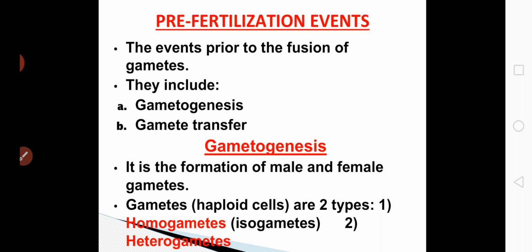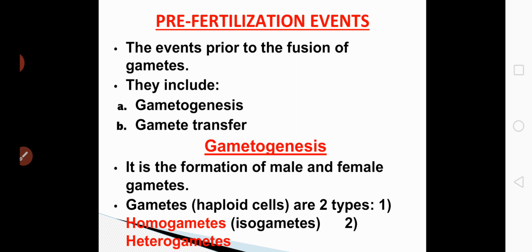Under pre-fertilization, it involves two processes, gametogenesis and gamete transfer.